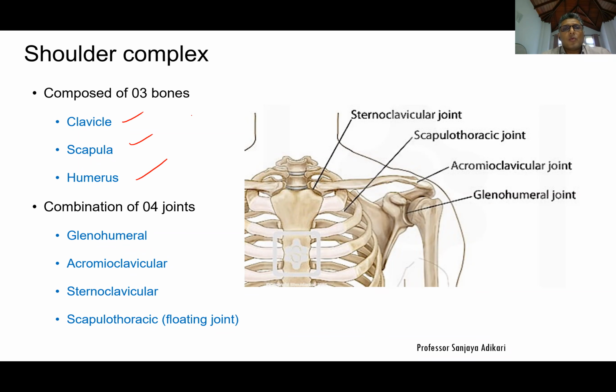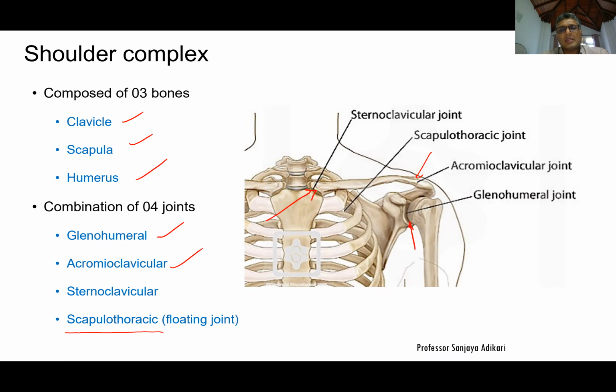Then there are 4 joints involved: the glenohumeral joint or the shoulder joint, which is here, the acromioclavicular joint, which is this one, and the sternoclavicular joint, which are all anatomical joints. Then the 4th one is not an anatomical joint, it's a physiological or functional joint, which is called the scapulothoracic joint.